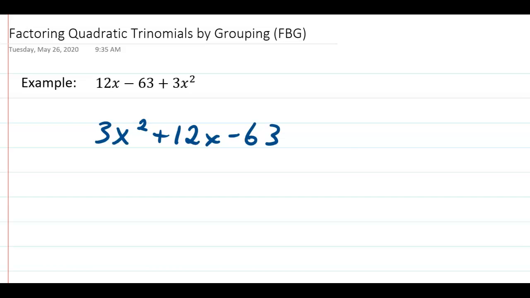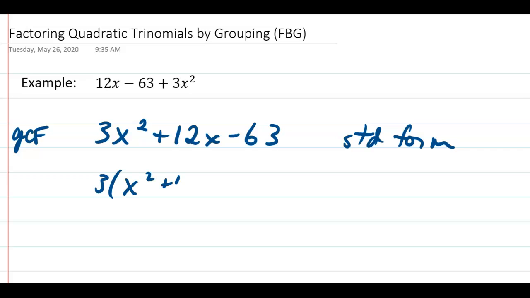That puts it in standard form. Biggest exponent to the number. And now we're going to look for a GCF, and it's 3. 3 goes into 3, 3 goes into 12, 3 goes into 63, and we get 3 times x squared plus 4x minus 21.